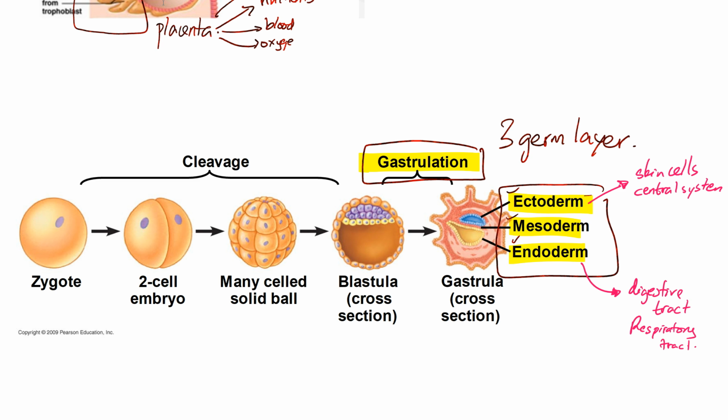Everything in between your central nervous system and the digestive and respiratory tracts will be formed from mesoderm. So mesoderm is in the middle. Mesoderm is going to form all the connective tissue in between ectoderm and endoderm.